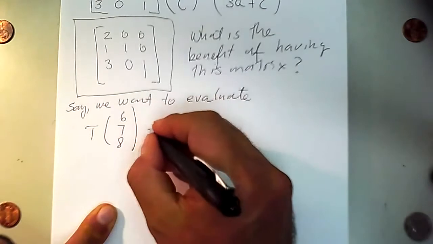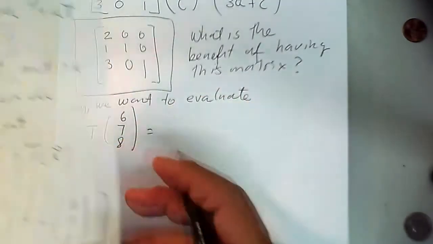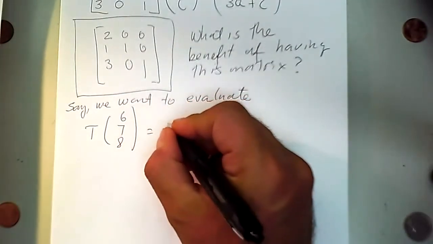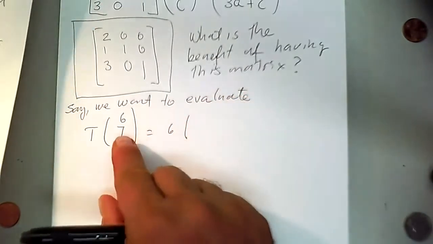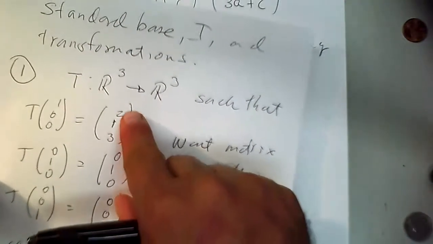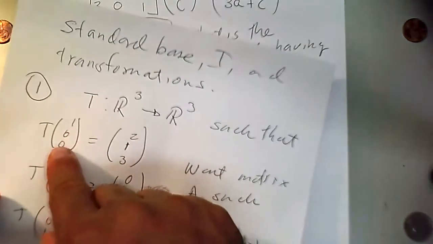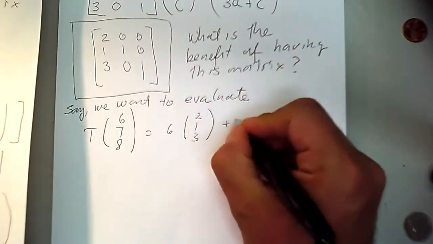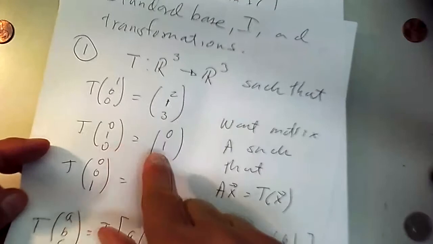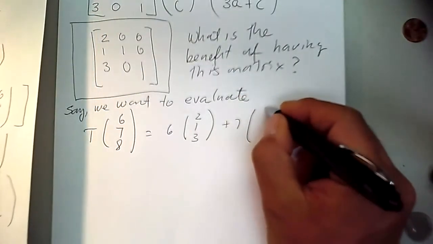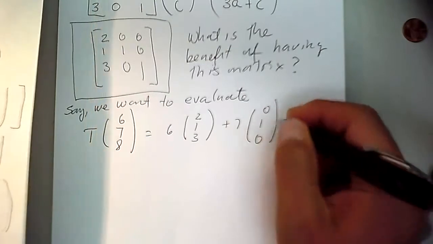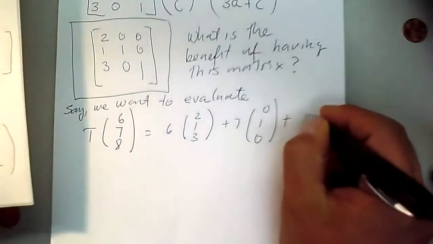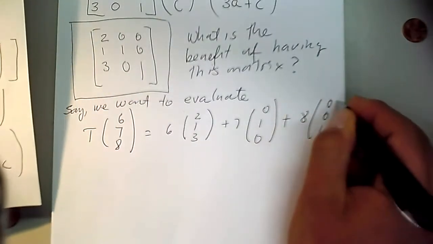Well, with the information we have, we have to break this up as 6, and I'm actually taking a shortcut, 6 of those which transform into 2, 1, 3, plus 7 of those which transform into themselves, 0, 1, 0, plus 8 of those which transform into themselves, 0, 0, 1.